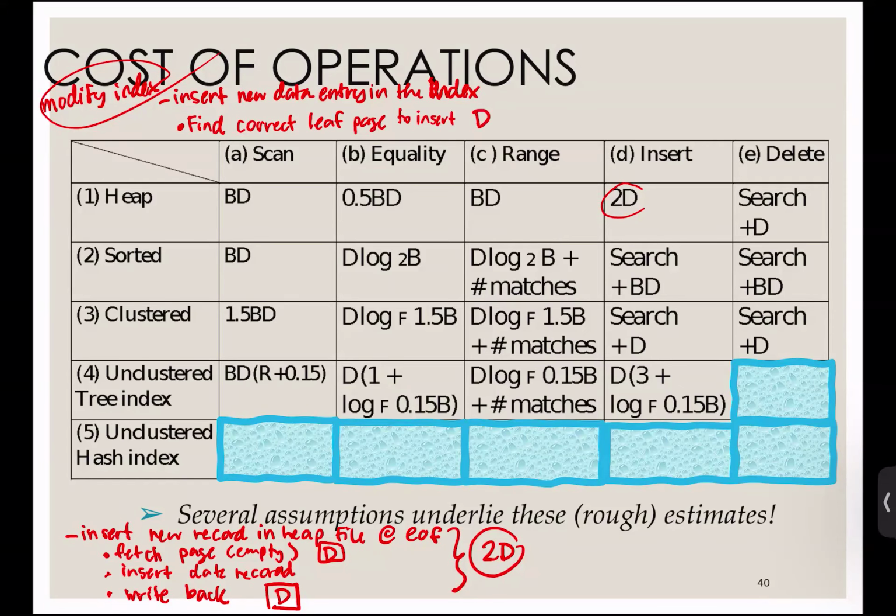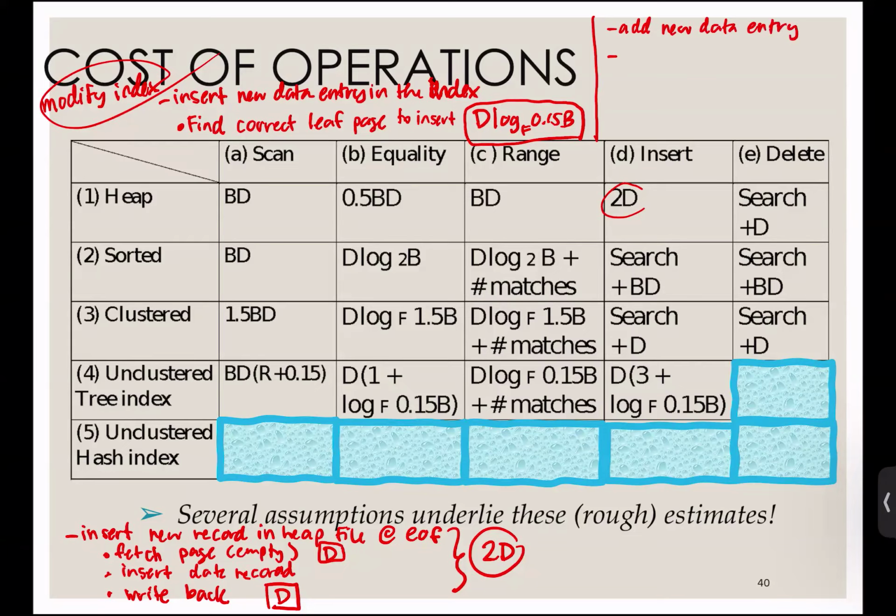So D times log 0.15F. Okay, this is just finding the leaf page in the index part. And then I can add the new data entry in there.